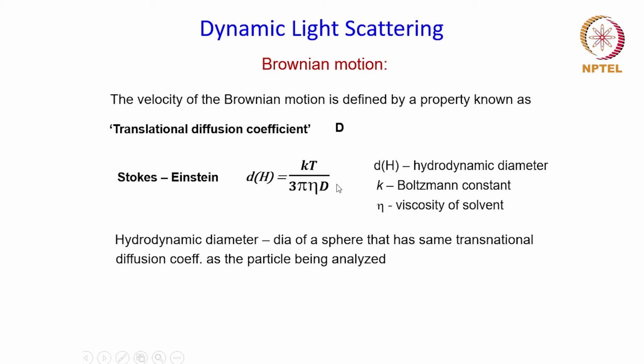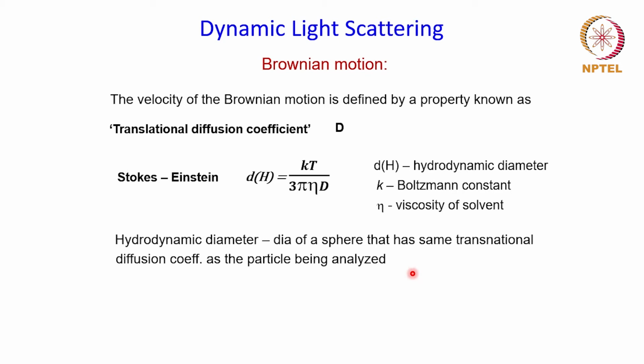So if we can derive this translational diffusion coefficient D, then the particle size can be obtained from this equation. So this dynamic light scattering technique will essentially try to measure this diffusion coefficient so that we can use the Stokes-Einstein equation to derive the size of the particles.